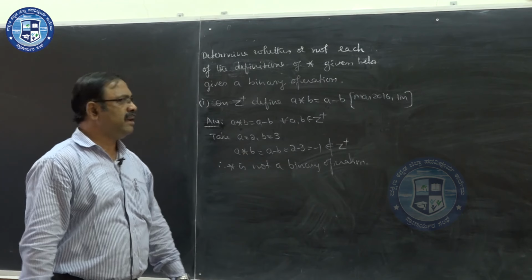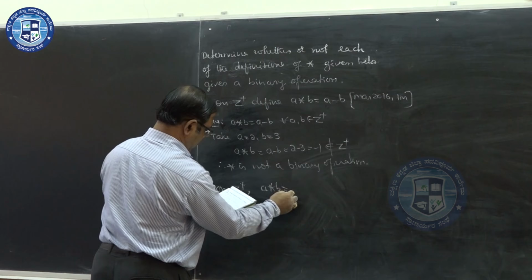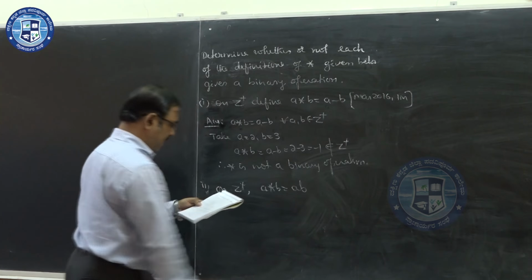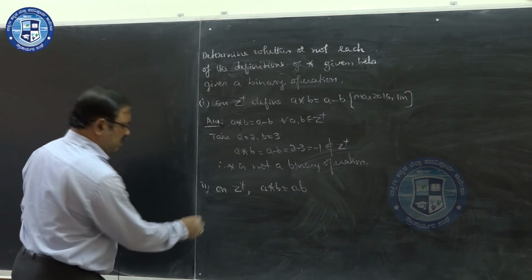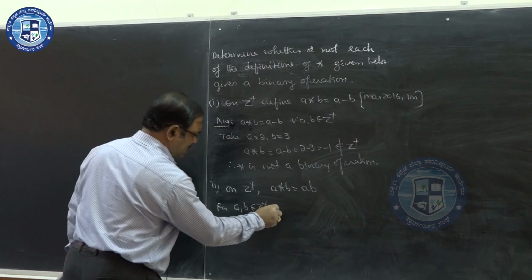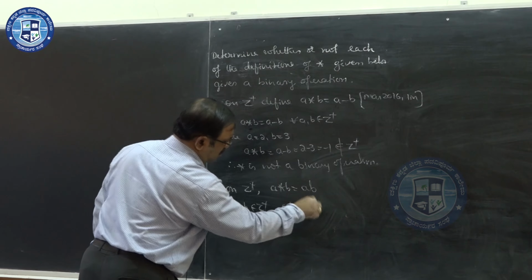Say, on Z plus, A star B equal to AB. We have to find out whether this is a binary operation. Say, A, B belonging to Z plus, A into B also belongs to Z plus.